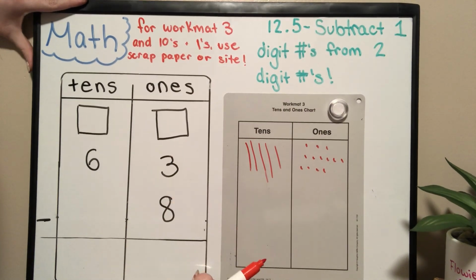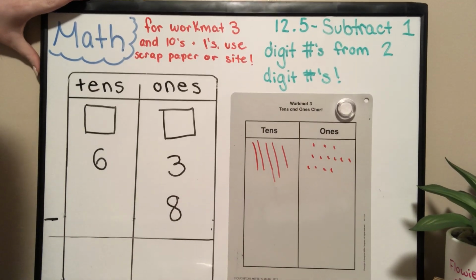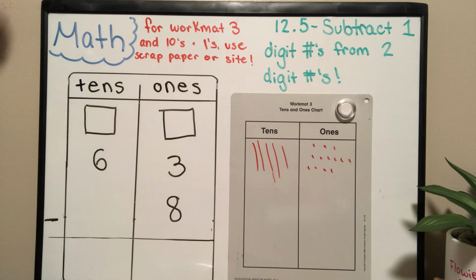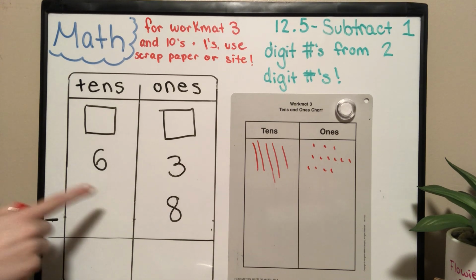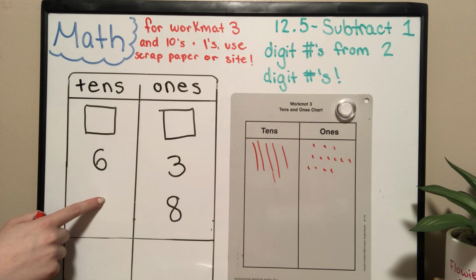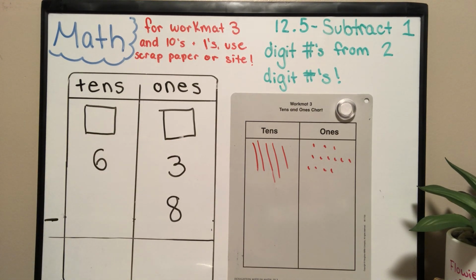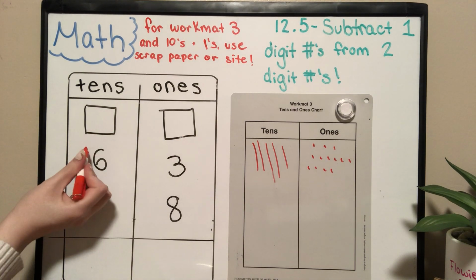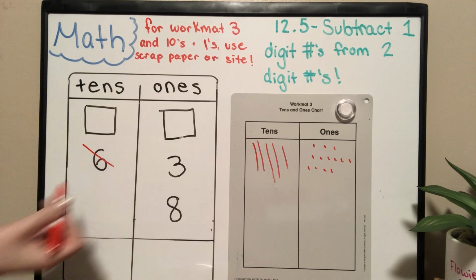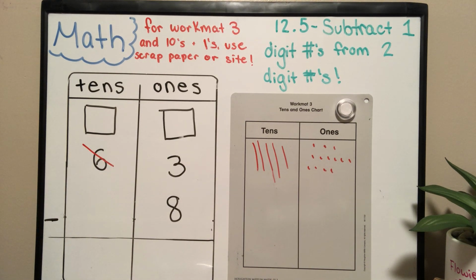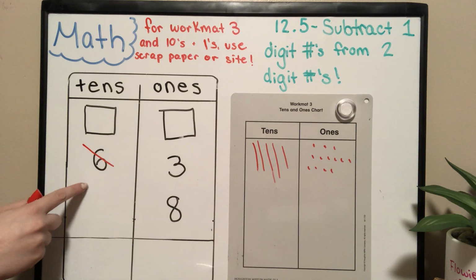Here's the tricky part. Sorry, the camera's a little bit wobbly. Here's the tricky part with this. We need to show our work over here. That's why we have 2 boxes. So I'm going to cross out the 6 here, because I don't have 6 tens anymore.